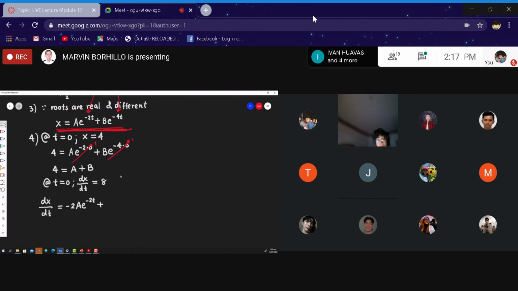Ito yung negative 2, para pansin nyo. Negative kasi yun. Hindi siya positive. Negative siya. Negative 4b e raised to negative 4t.